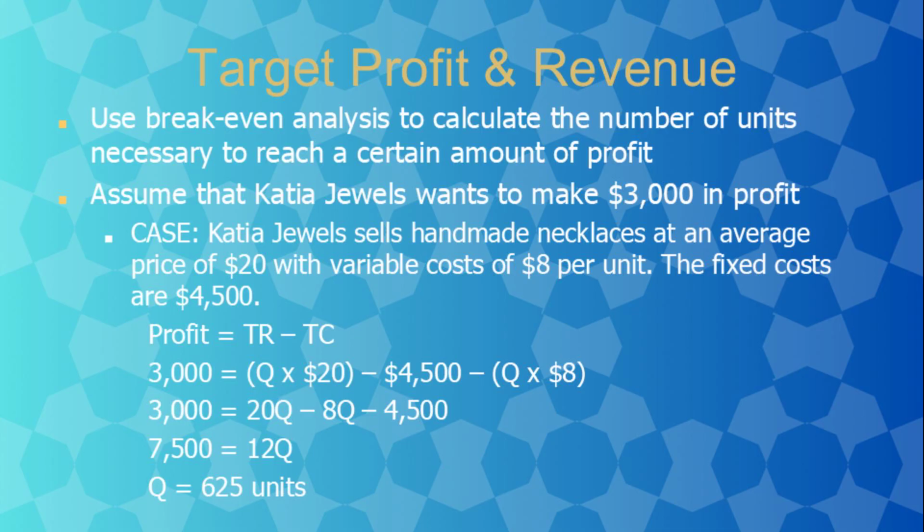For instance, if Katia Jewels aims to make $3,000 in profit, we need to consider both fixed and variable costs. Katia Jewels sells handmade necklaces at $20 each, with variable costs of $8 per unit and fixed costs of $4,500. By calculating the profit formula, we find that 625 units need to be sold to reach the target profit.